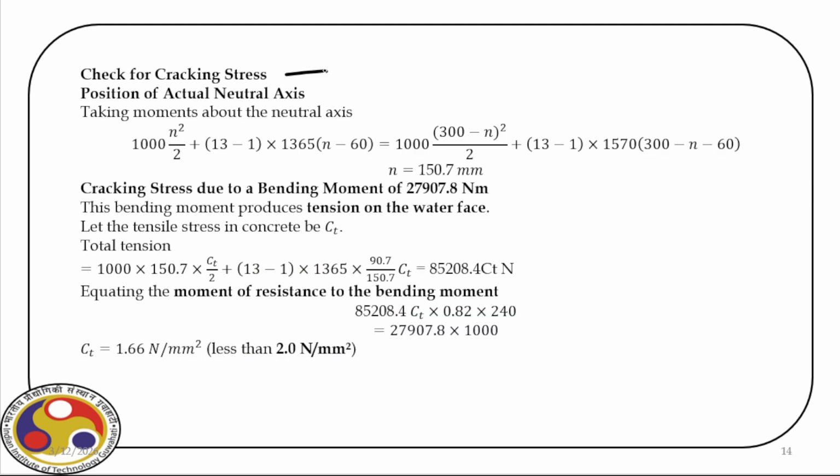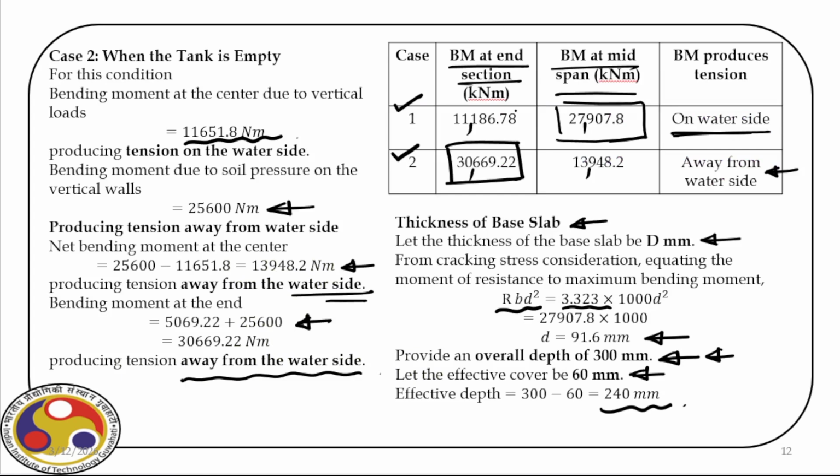Then again we check the cracking stress. For that we have to first find out the neutral axis. This expression is familiar to us. So we first find out the location of the neutral axis, which is N, that is 150.7 millimeter. So first we consider the bending moment of 27,907.8, that is the load case here.